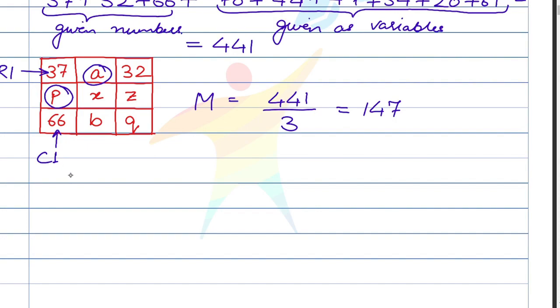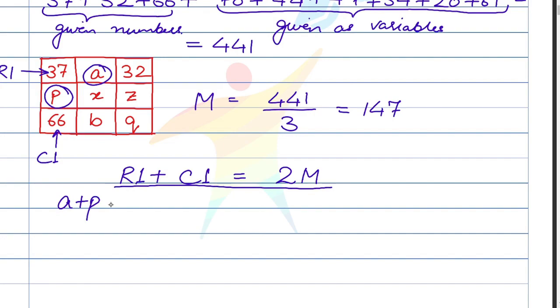We are concerned only about the sum of A and B. So the sum of A and B could be found if I add row 1 and column 1. If I add all the elements of row 1 and column 1, this will add up to give me 2 times the magic number. So I'll be using this concept here.